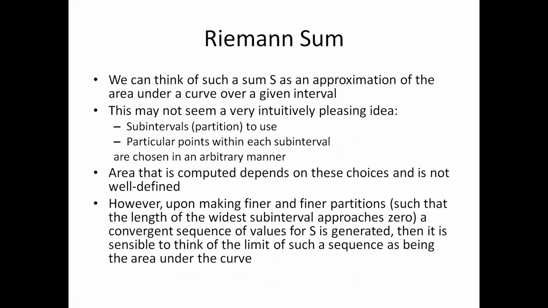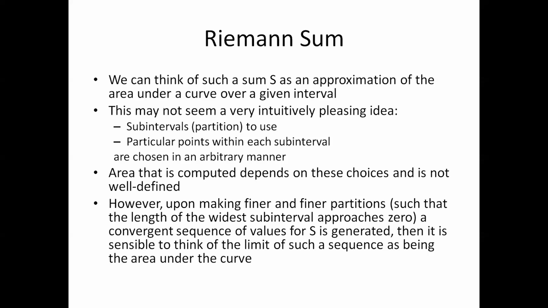Now, there are two problems with the Riemann sum as I've defined it. First of all, as you can see, the subintervals are of different lengths. So that means we can take any subinterval that we want. And second is within each subinterval, the omega is again ad hoc. So that means both the subinterval and the omega, the length and height of the rectangles, are chosen in an arbitrary manner.